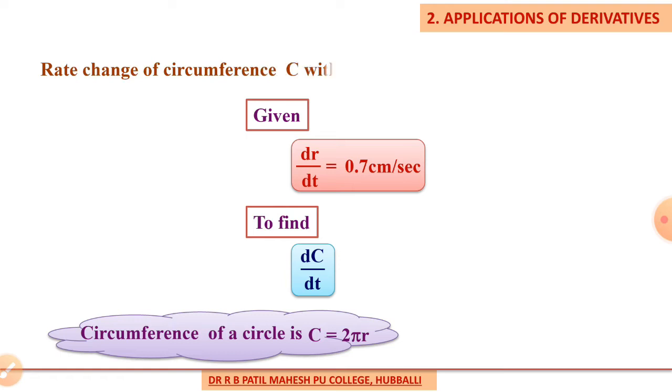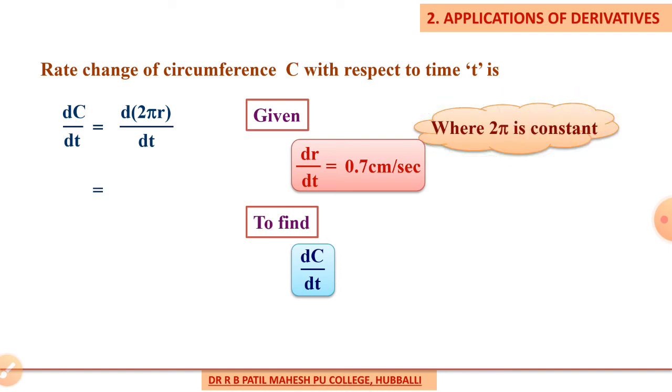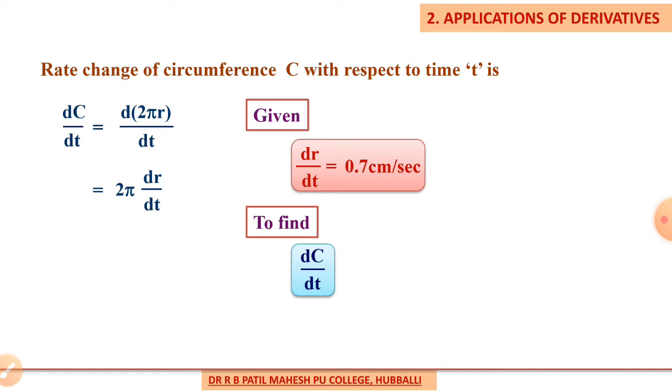Next you have to differentiate this with respect to time t. So the rate of change of circumference c with respect to time t is given by dc by dt equal to the derivative of 2 pi r. Next you can apply the formula. The derivative of r with respect to t will give dr by dt.